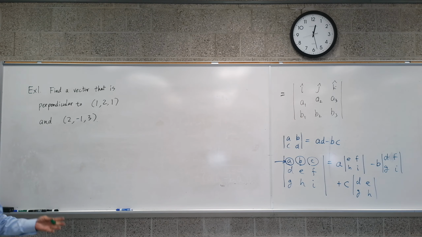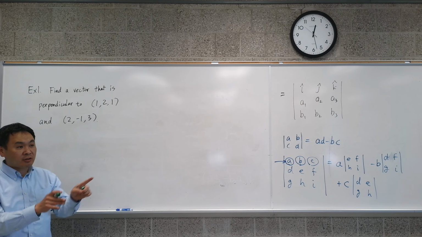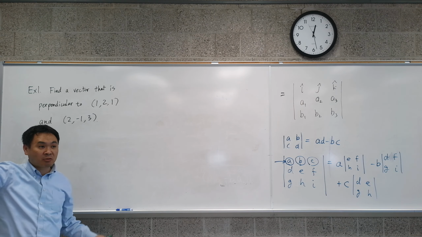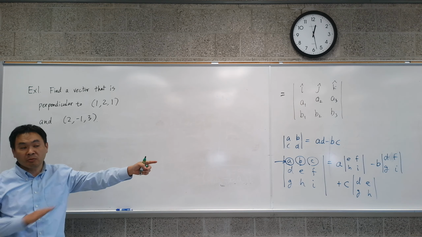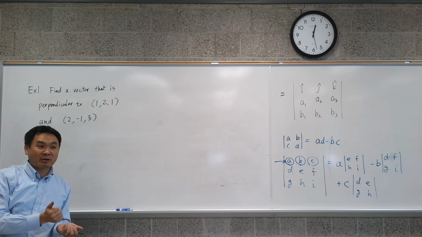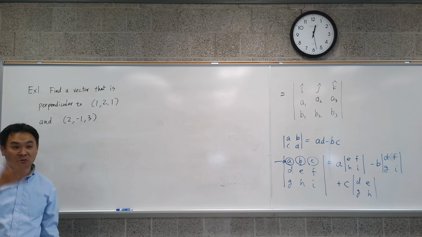Now this question is asking for finding any vector. Okay. So of course, if you're given any two vectors, there's a line of vectors that's perpendicular, because two vectors form a plane, and the perpendicular direction has many, many vectors in it, right? They're all multiples of each other, right?